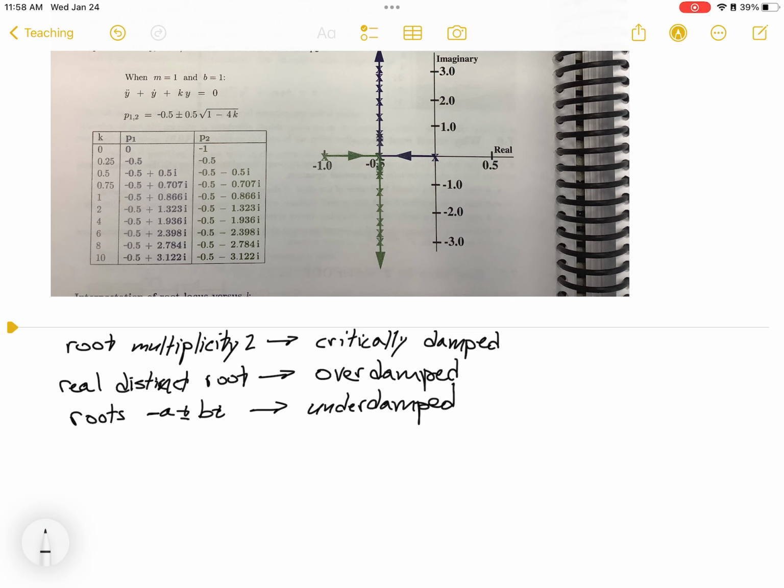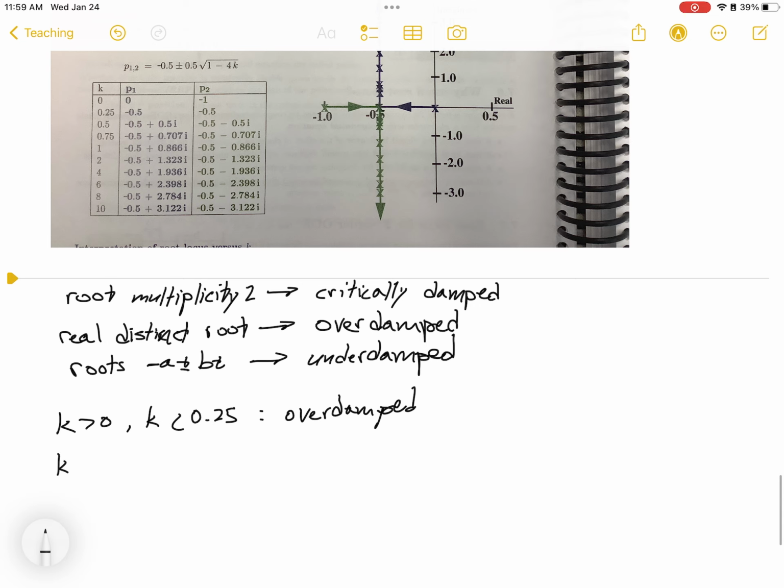So in this case, if k is greater than 0 but less than 0.25, this system is overdamped. If k is equal to 0.25, it's critically damped because at that point you have the same root of multiplicity 2.